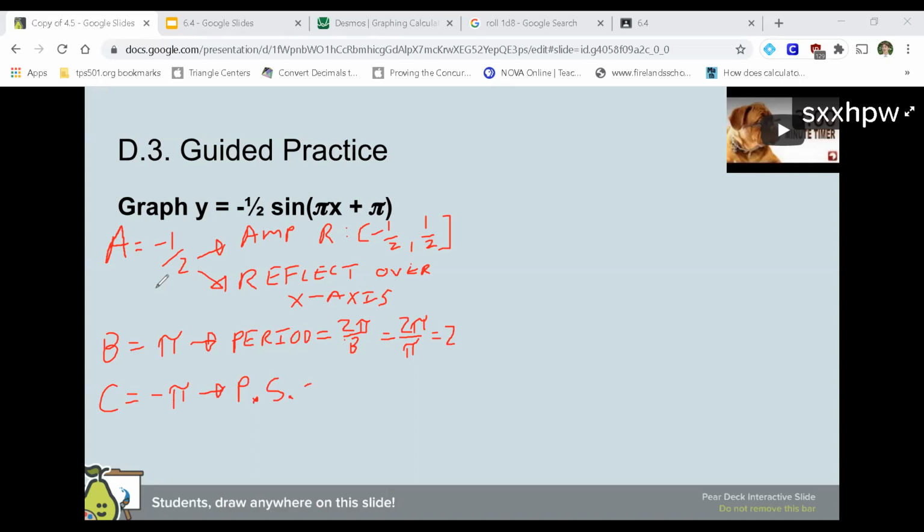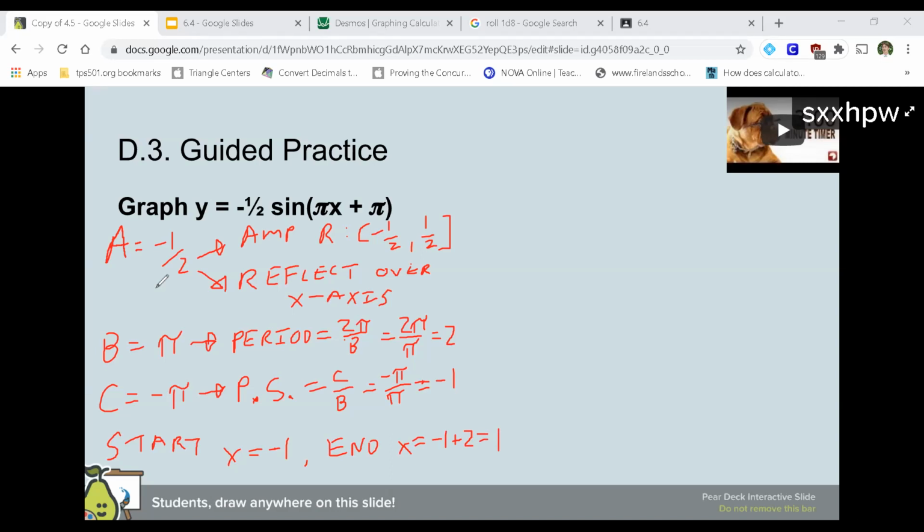So our phase shift is c divided by b, so it'd be negative pi divided by pi, which is negative 1. So that tells us we are going to start graphing when x equals negative 1, and we will end graphing when x equals negative 1 plus 2, which is 1. We'll end graphing 1 period later.